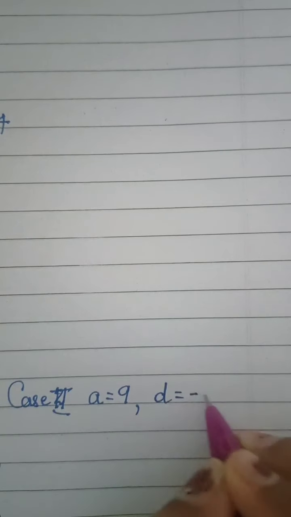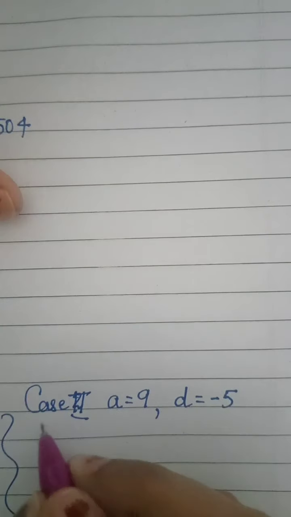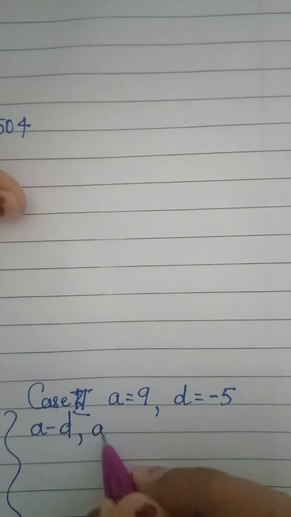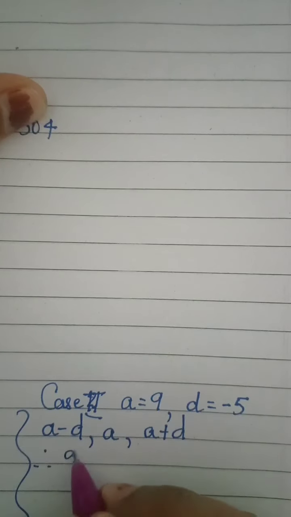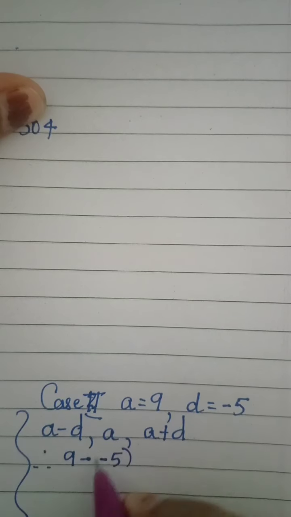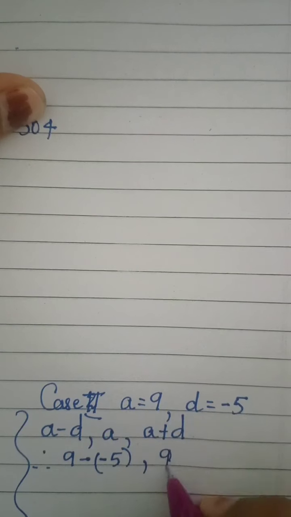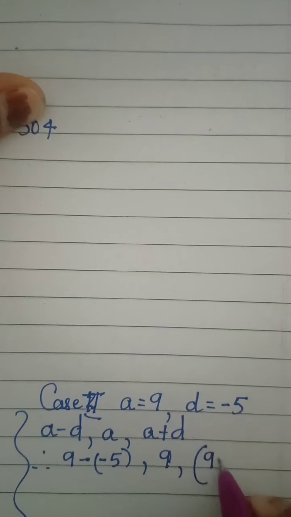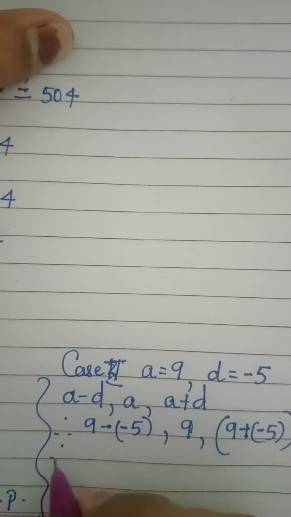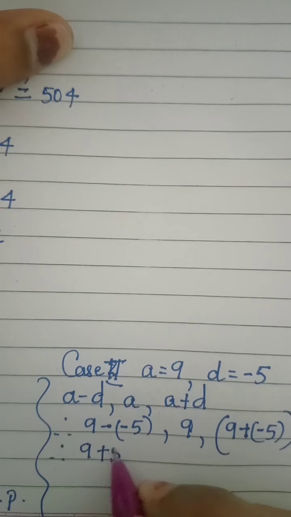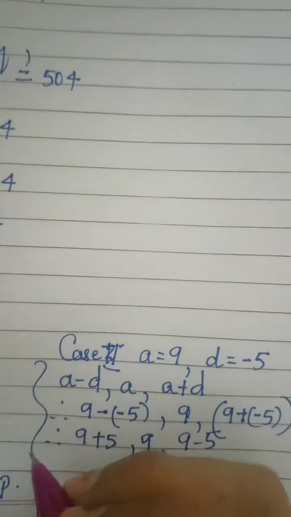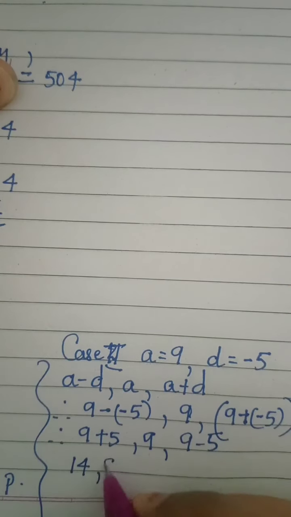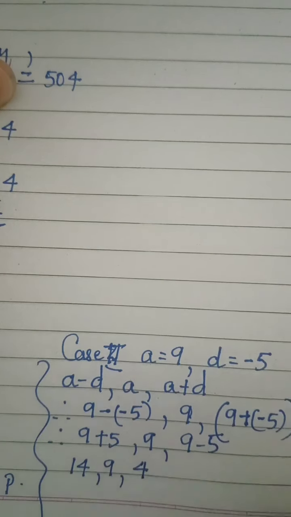The AP is A minus D, A, A plus D. Putting the values, 9 minus of minus 5 is 14, comma, 9, comma, 9 plus of minus 5 is 4.